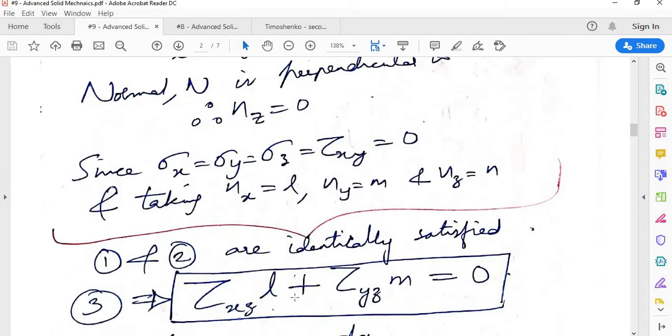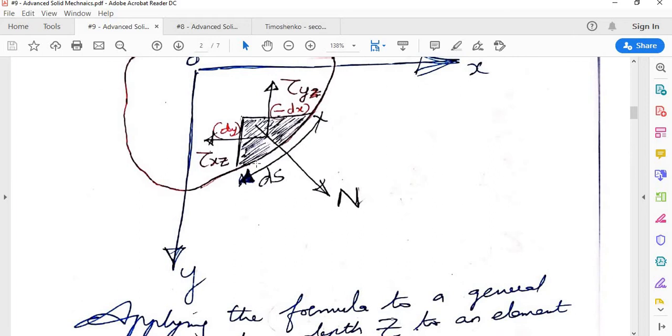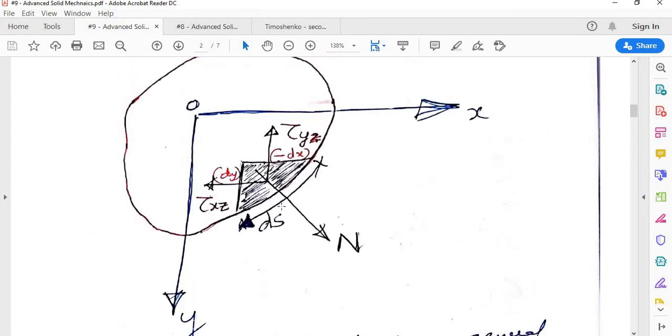Now what are L and m that we will try to arrive at? Remember, L and m are the direction cosines of the outward drawn normal. If it were the direction cosines of the surface itself, we could easily find them: the component along x is dx by ds, and the component along y is dy by ds.